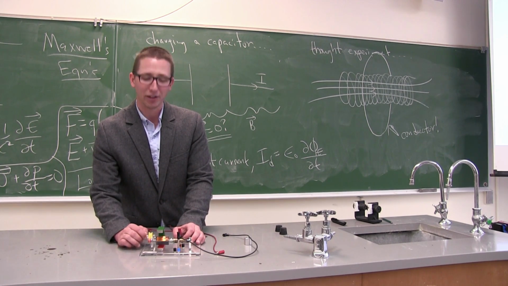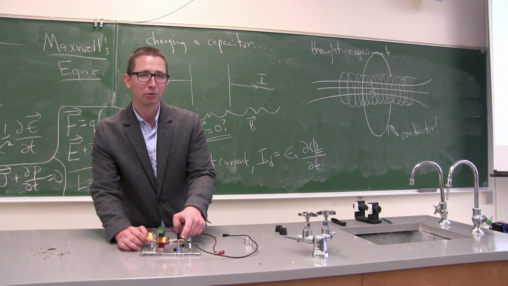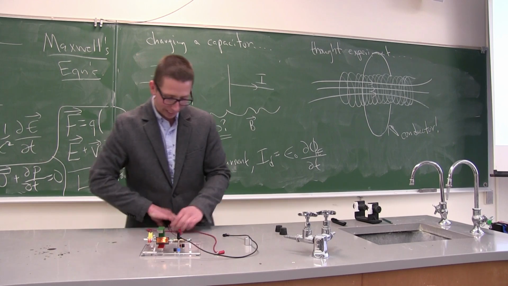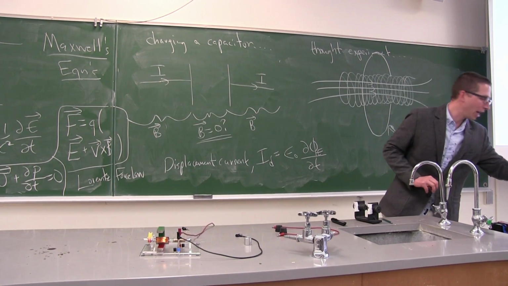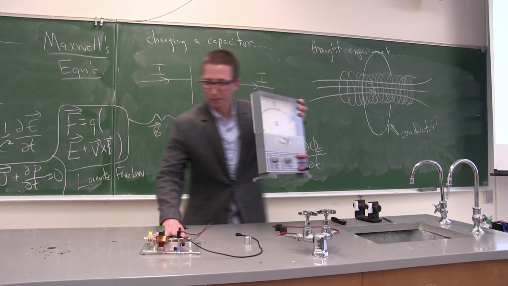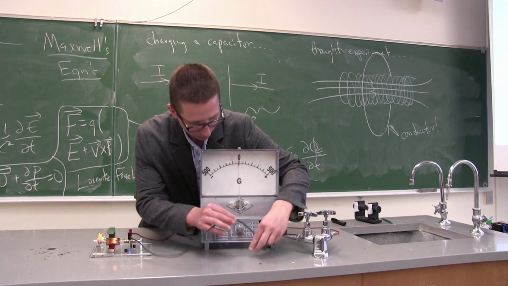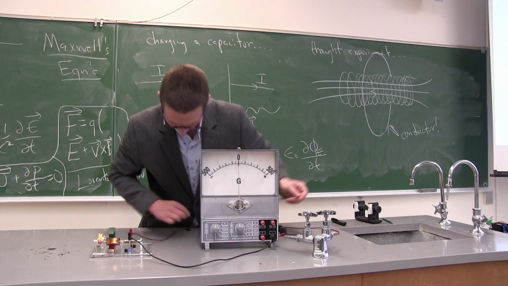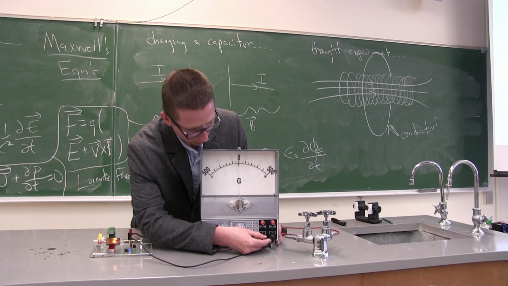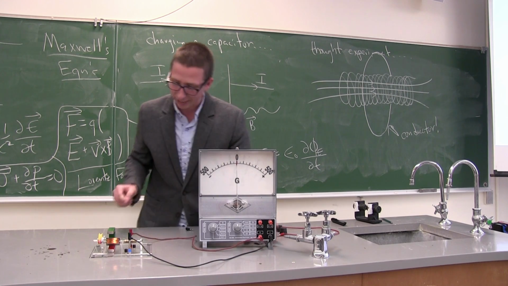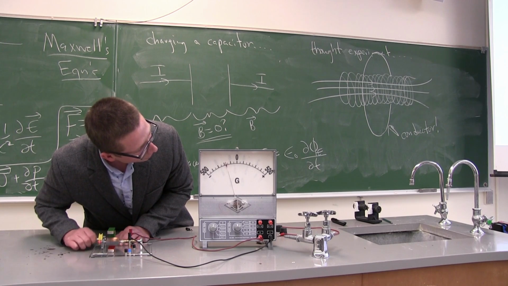Now if I crank that loop of wire around in a magnetic field, there's a split ring commutator over here, which, if I connect this to a galvanometer and turn it, I get current.